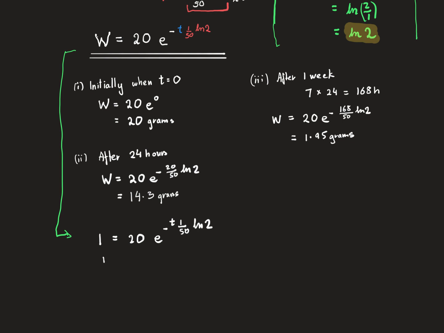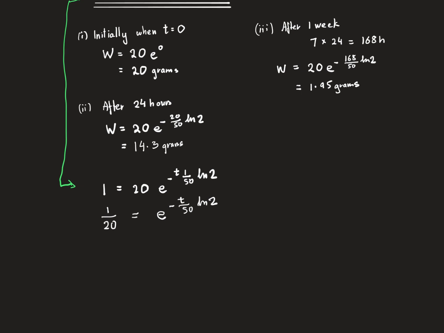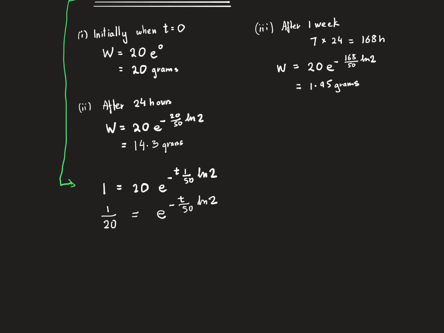So a little bit of rearrangement, and 1 divided by 20 is equal to e to the minus t over 50 ln2. Remember the trick that we did before? I'm going to take ln of both sides.